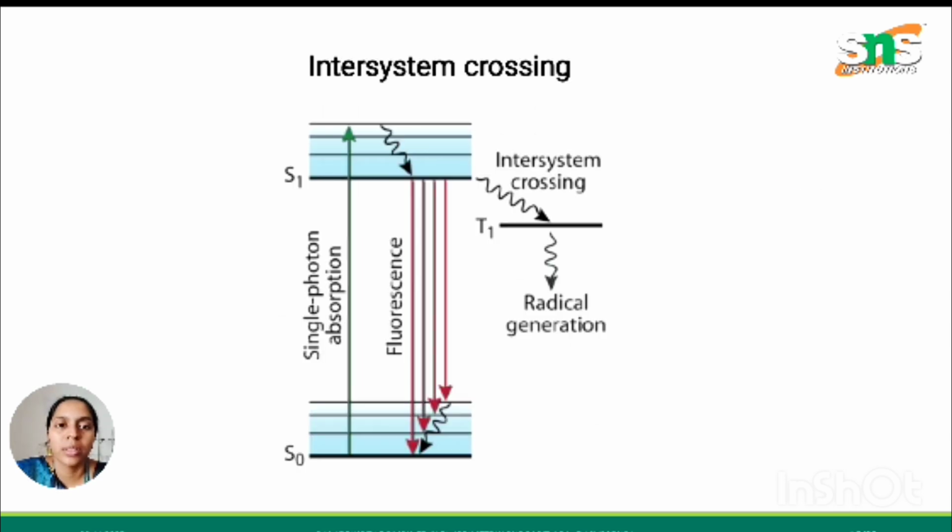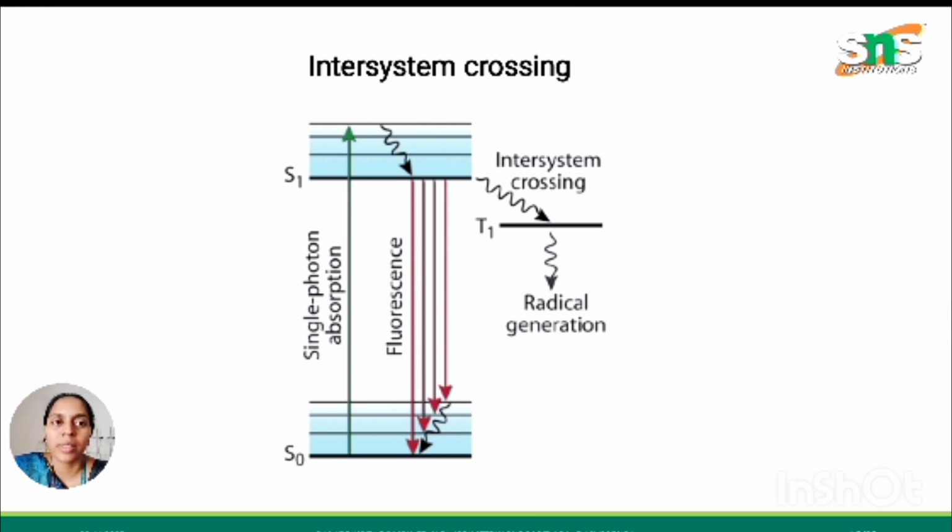Then next to this external conversion we have intersystem crossing. This intersystem crossing is a forbidden one. This happens when the environment where the reaction is happening has low temperature, or it may have the presence of oxygen, where the electrons will move from singlet excited state, that is from S1, to triplet excited state.